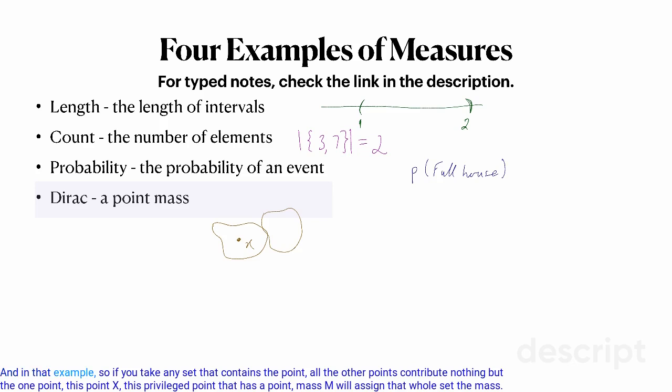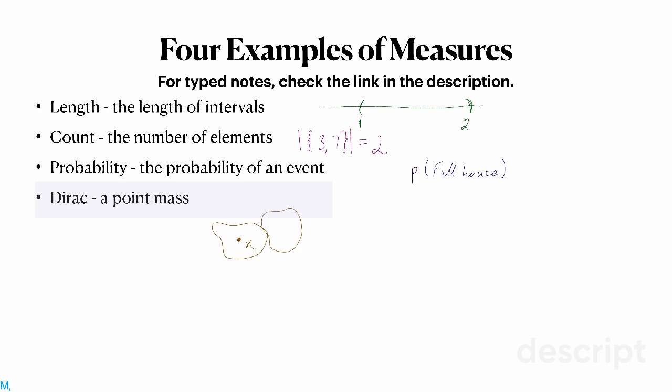And in that example, if you take any set that contains the point, all the other points contribute nothing, but the one point, this point x, the privileged point that has a point mass m, will assign that whole set the mass m. If a set does not contain x, then it just has 0 mass. And so that's a measure, right? That's an example of a measure. And we call that Dirac measure.